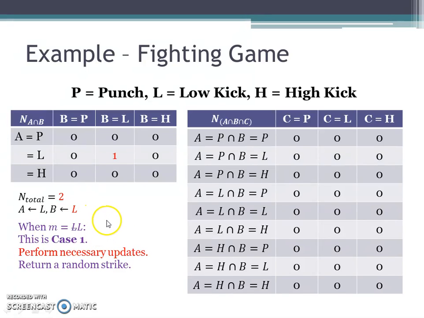Another update is this value here, N with A equals L and B equals L. The reason we update this is because we have seen a combined case where the first strike is L and the second strike is also L, so we update this to 1. And again, in this case, we can only return a random strike because we cannot make any prediction yet at this point.